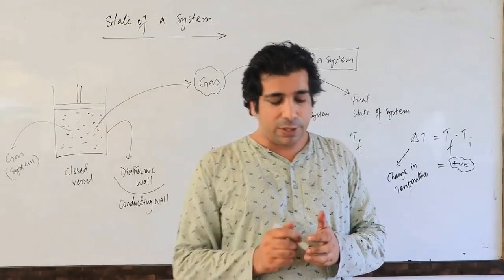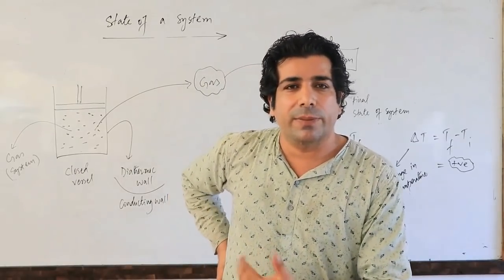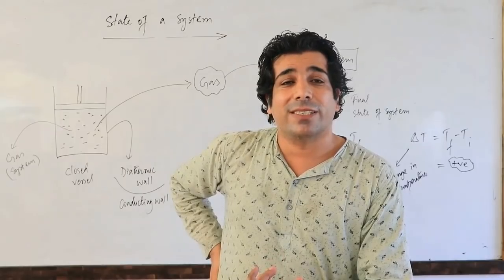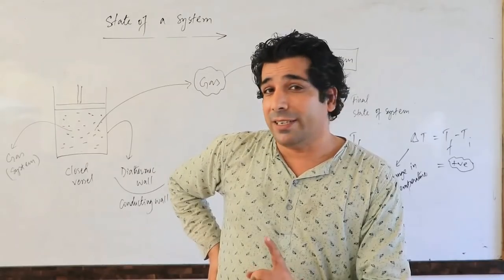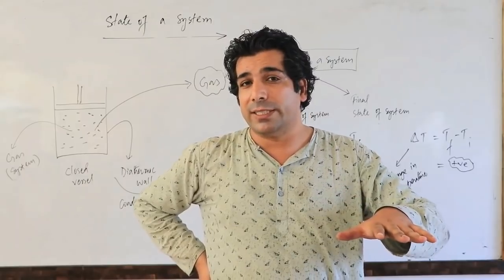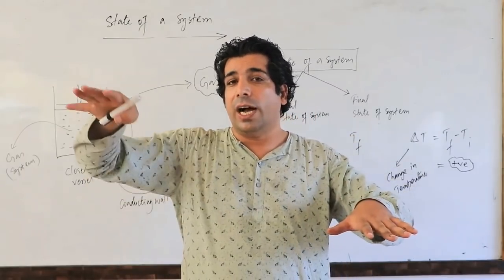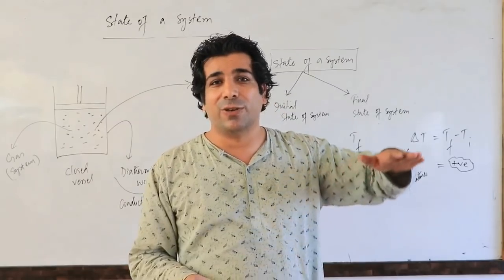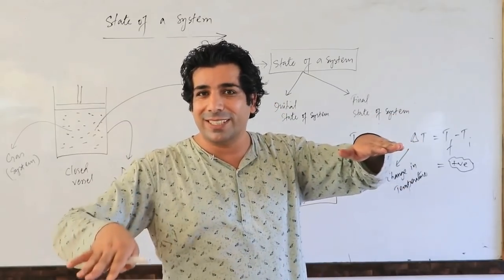So now you have understood that if I am changing the temperature, that means the state of the system will also change. And here the system will move from lower energy to higher energy. I can decrease the temperature also. That means the system will go from higher energy to lower energy.